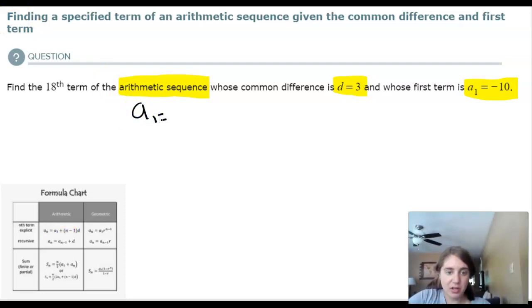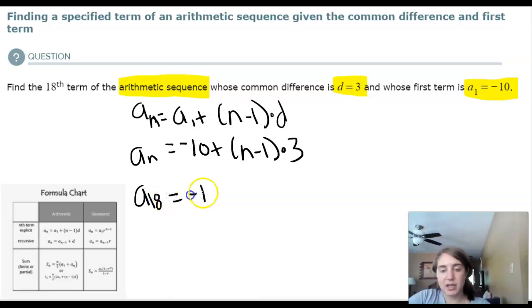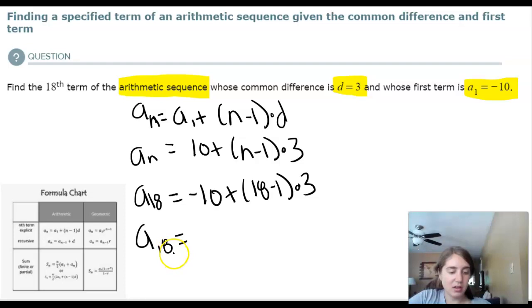So a1, an, so my basic equation would be, and then my 18th, I'd plug in an 18 wherever I see n. And I ended up with a 41.